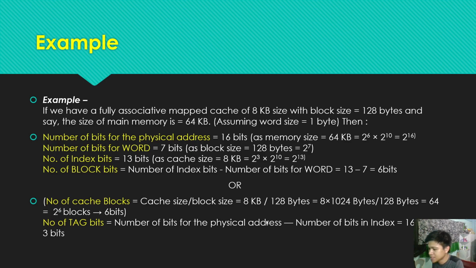The number of bits for the physical address is 16, and the number of bits in index is 13. So it's 16 minus 13, which is equal to 3 bits.